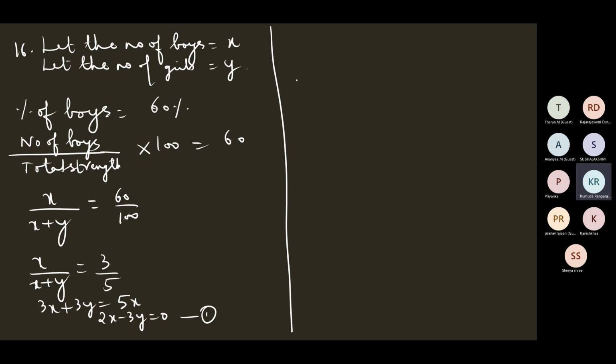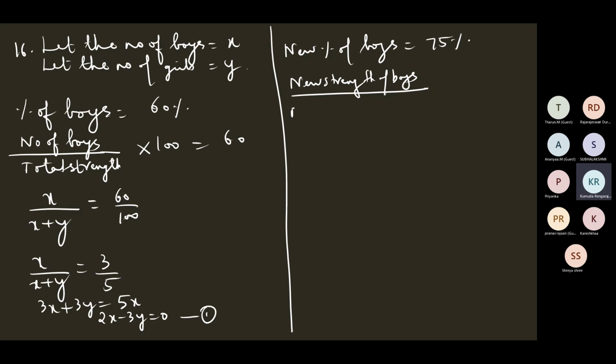Now the second one, the new percentage of boys. New percentage of boys is equal to 75%. So that means the new strength of boys by the new strength of the class.